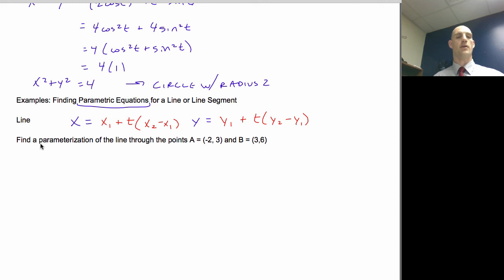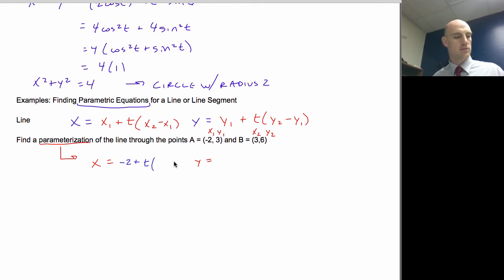So if I'm going to find the parametrization of the line through these 2 points, this is going to be my x1, y1, x2, y2. And so this means 2 equations, an x equals and a y equals. And when I do that, I'm going to get this. x1, so -2, plus, and then I'm going to have t, because my parameters have this third variable, this t.